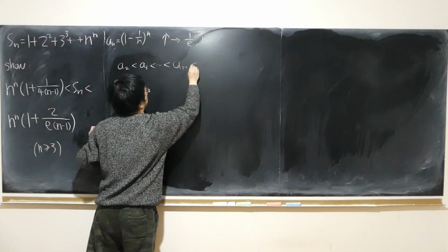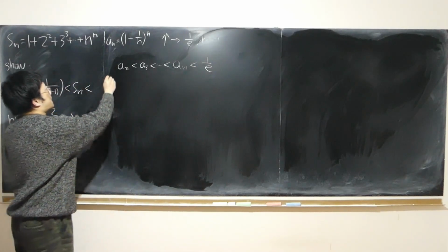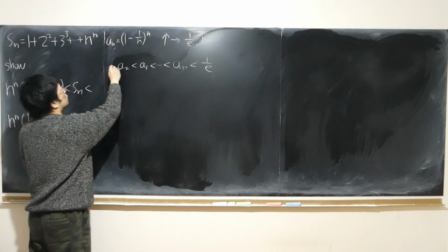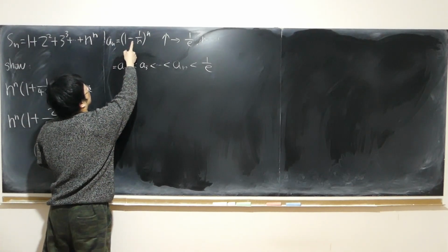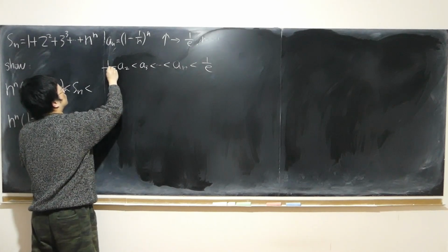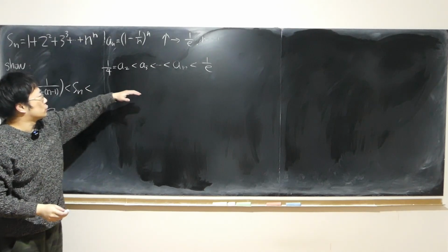Of course, an is less than 1 over e. But what's a2? a2 is just (1/2)^(1/4)... So this is easy. So this is my first rough estimation.